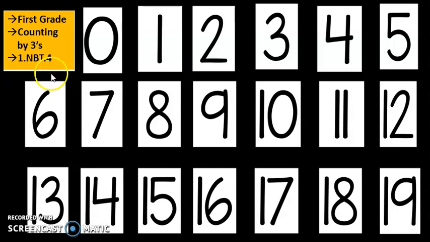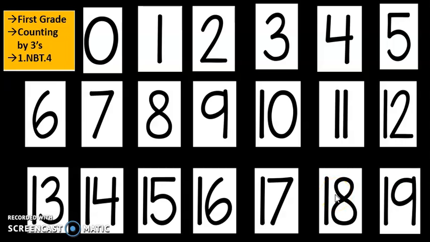Now, watch Mr. Begay's mouse. We have numbers all the way to 19 and they're in order. You see that? They're in nice order. You can see that every number is correlating with the number in front and the number behind it.